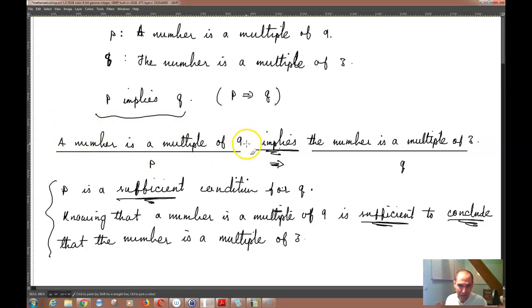And based on this example, you will be able to understand P implies Q much better, because when I say, for example, P is a sufficient condition for Q, it's possible that I might not even understand what this statement actually means. It's actually so in my personal case. I don't know about you.